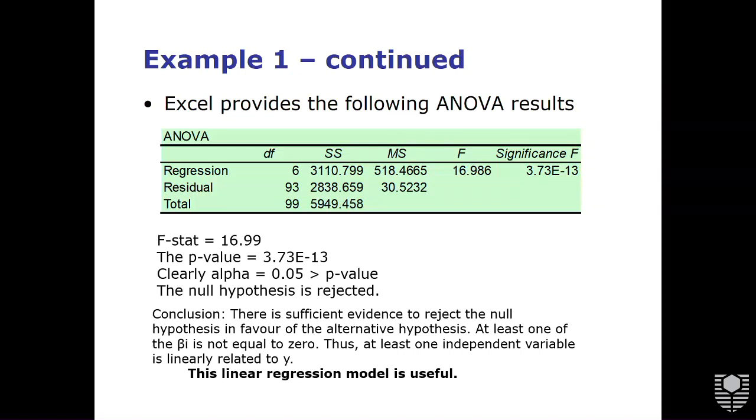So what do you think? Reject the hypothesis? Because at least one of the, so in here, I just want to show you how we met the condition of the alternative hypothesis. If at least one of these, so how to test that? It means at least one of the independent variables is linearly related to y.